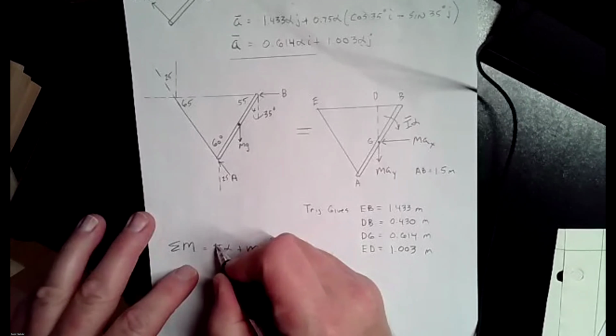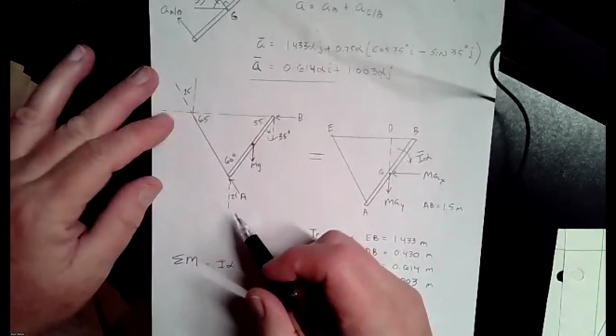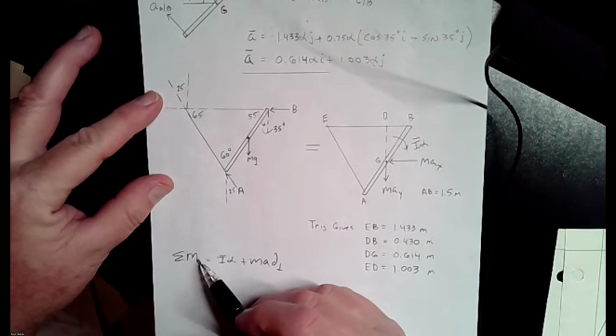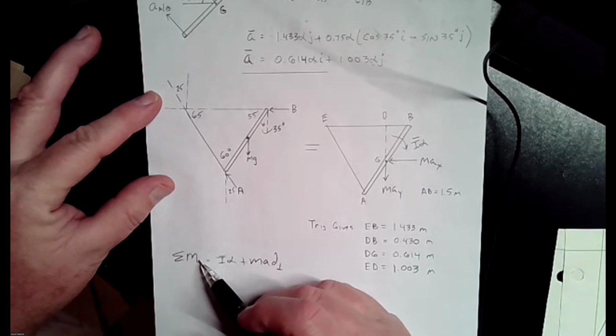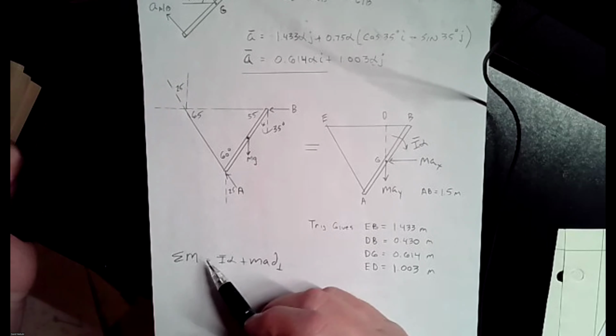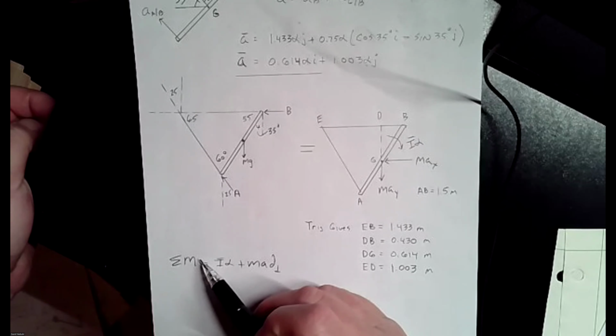So we've used that equation before. Now, in this case, we want to pick a point because we know any moments created have to be accounted for. And the best way is, like we did in statics, we want to eliminate any unknowns.